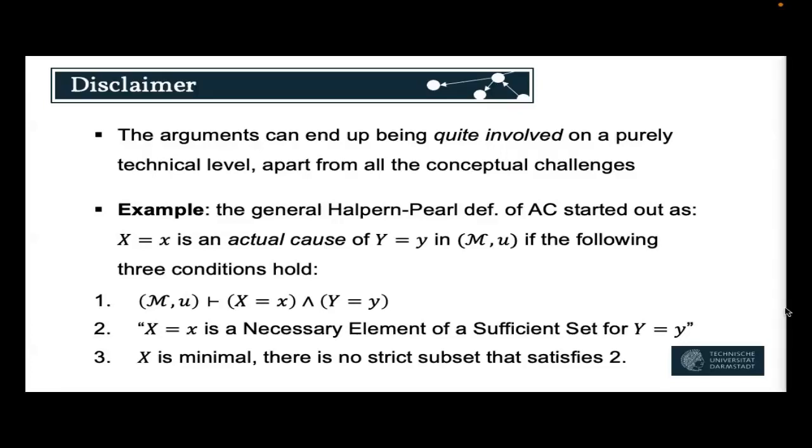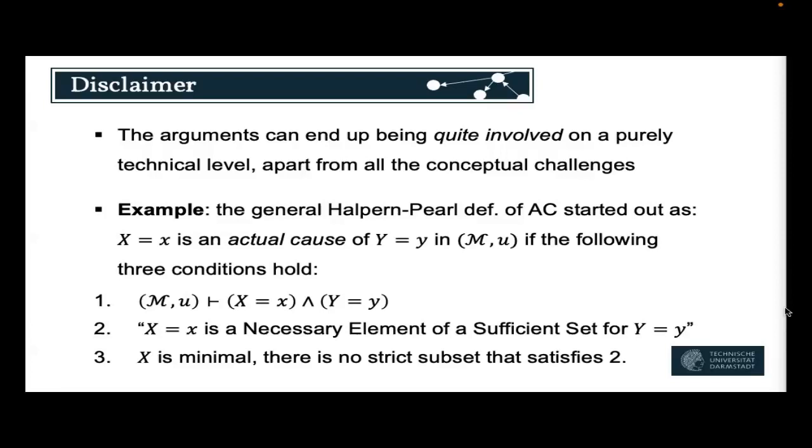But now there are these two vague, non-formal criteria, which are very formal, but it would be way too much here. Check out the book if you want to. But the second criterion is something that Tim was already hinting at, that essentially X is a necessary element of a sufficient set for Y. So there's a notion of a sufficient set for Y. There's a notion of a necessary element of a sufficient set, and that this actually holds for X and Y. And that X is minimal.